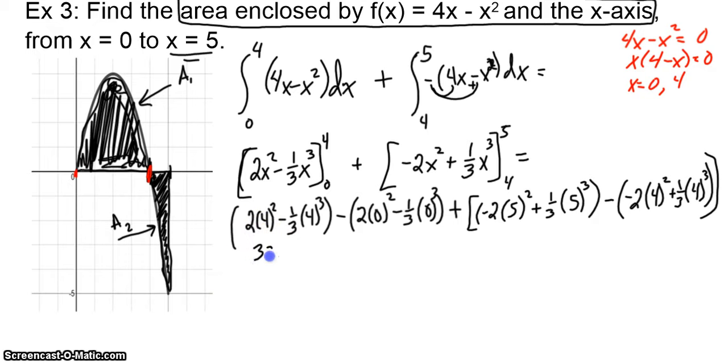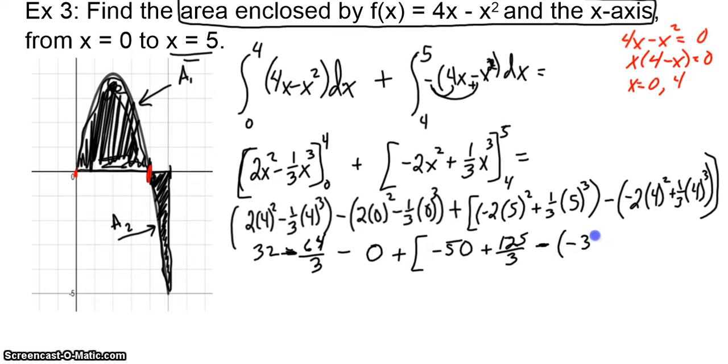So 16, 32, 64 over 3. That's 0 plus 25 times a negative 2, 125 times a third, minus negative 32 and a positive 64 over 3. So let's see here, we got 32.